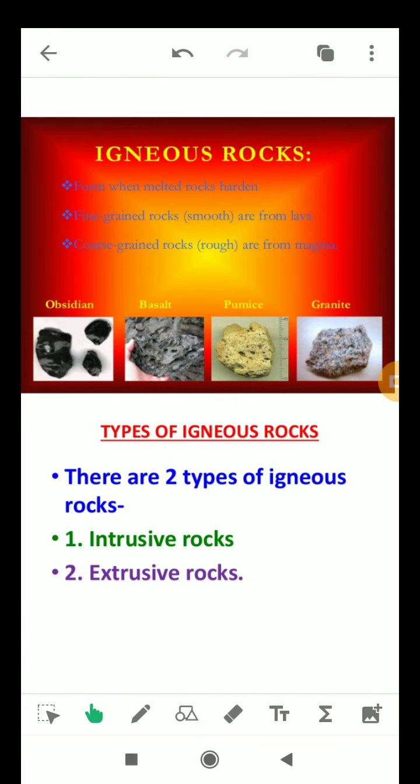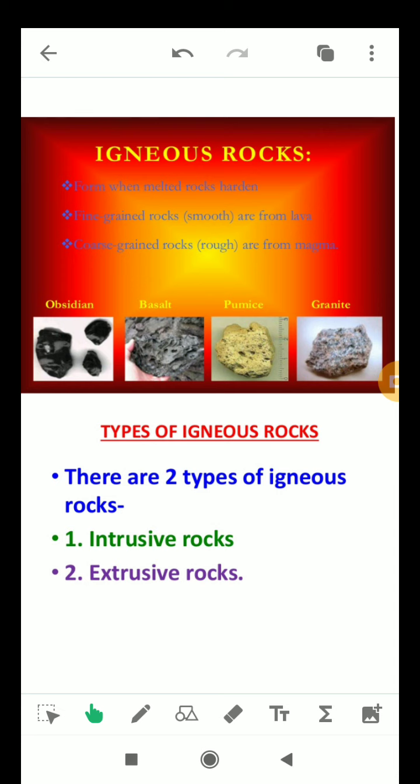So let us know igneous rock. Igneous rocks form when melted rocks harden. Fine-grained, smooth rocks are from lava, and coarse-grained rocks are from magma. These igneous rocks are formed by the cooling and solidification of magma or lava. They are the oldest rocks, so they are also called primary rocks.